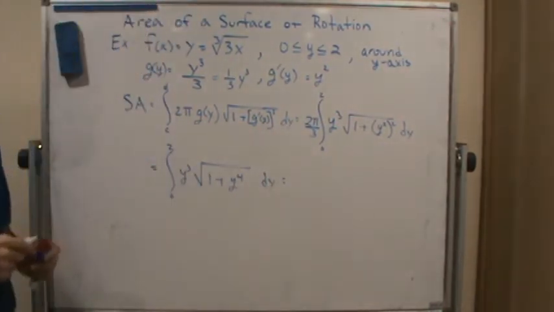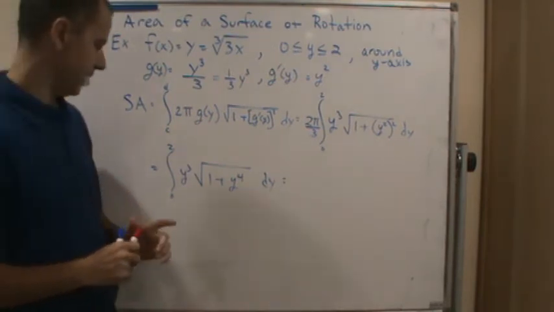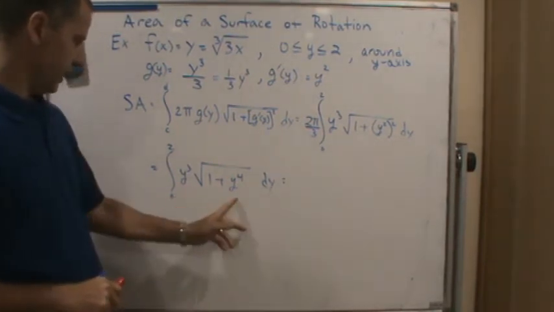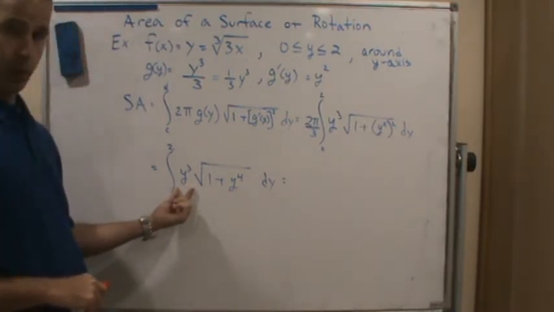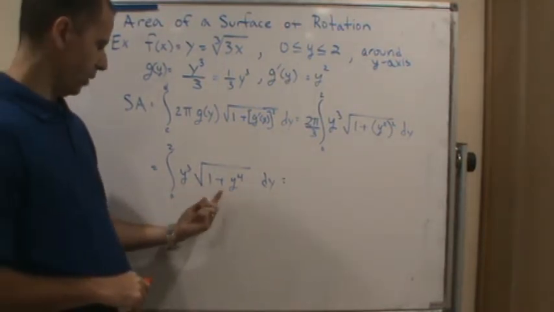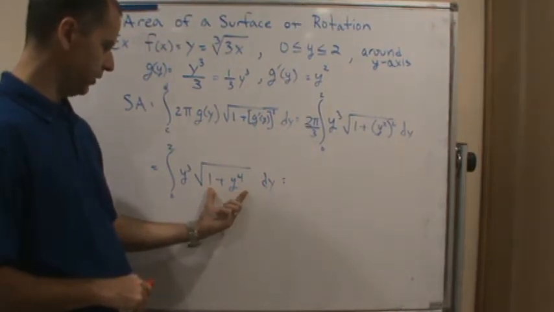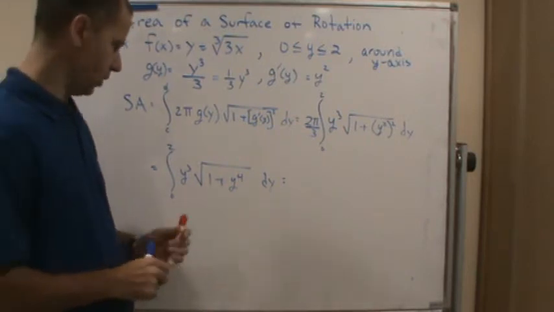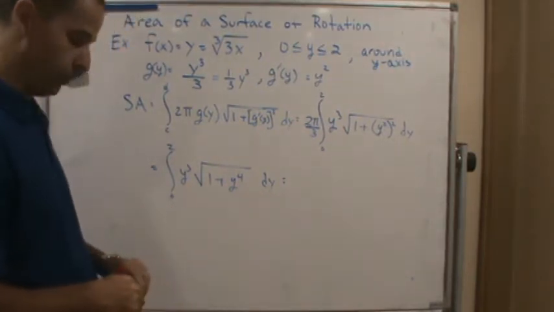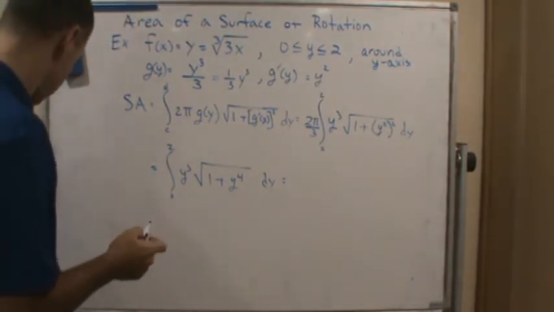Now I'm going to do a u substitution because it's obvious that I can do it: I've got a y to the 4th here, and a y to the 3rd outside, and this is a constant. So I can make this whole thing u, and the derivative of this thing is going to give me y cubed. So I can match the y cubed with the dy, and here we go.